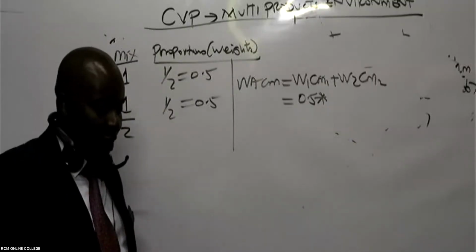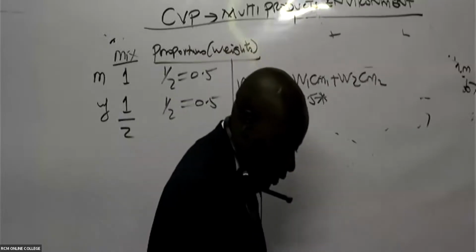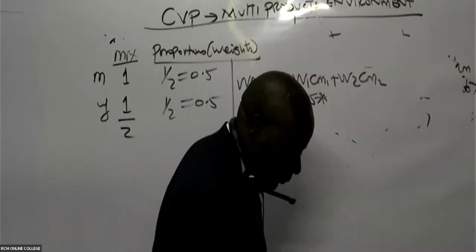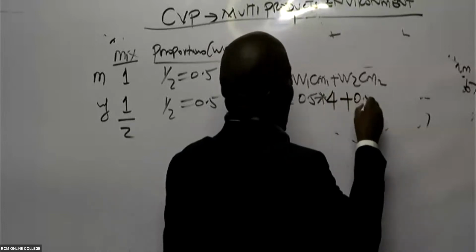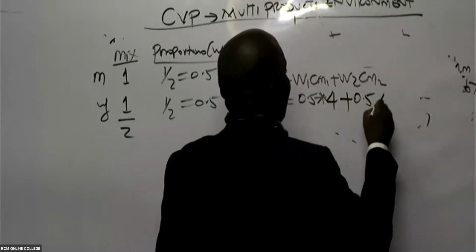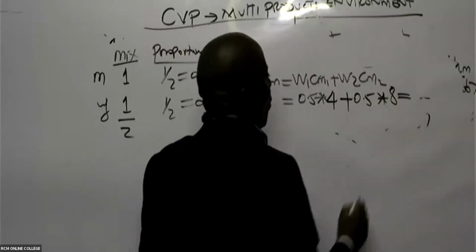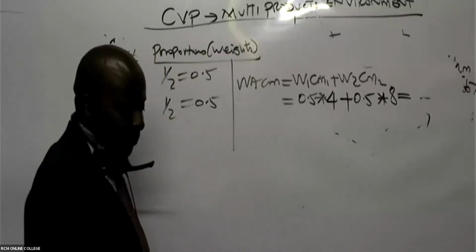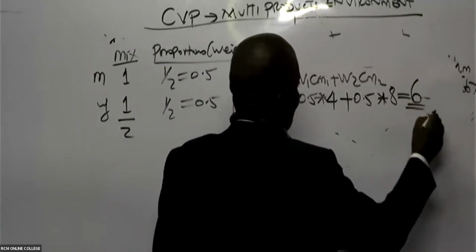It was 4. Plus 0.5, which is the second weight, times contribution margin 2, which is 8. So this ends up giving me 6. Thank you so much.